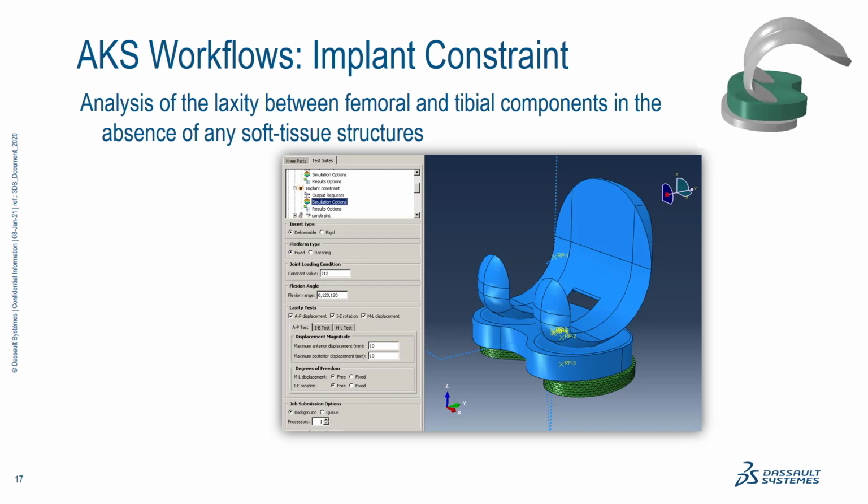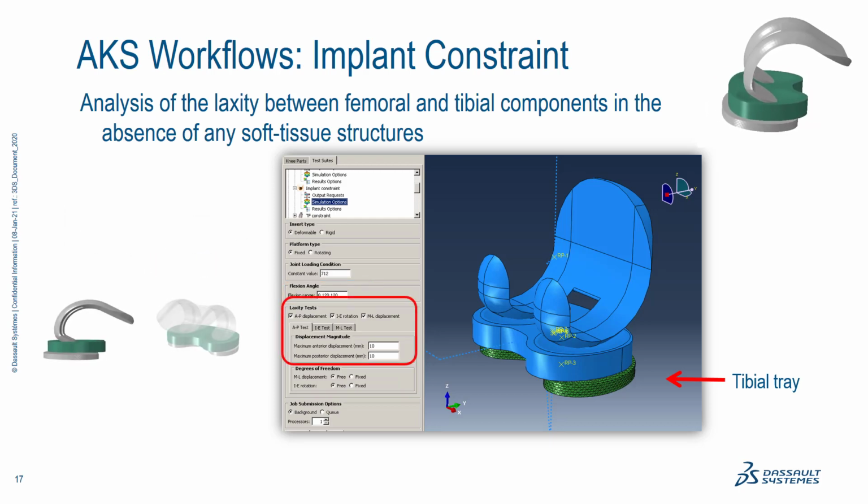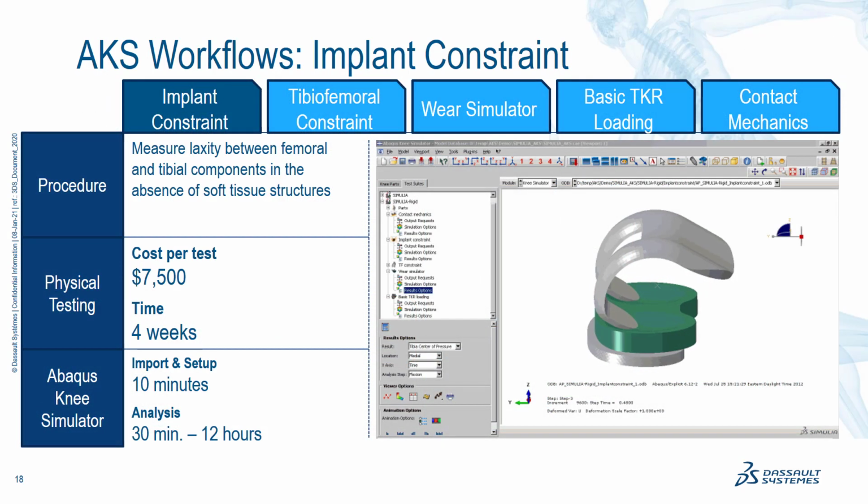We can talk about implant constraint. In this case, we are analyzing the laxity between the femoral and tibial components. Again, we can have a specific model for this analysis, with the flexion angles and the laxity test, so we can input the maximum anterior displacement and posterior displacement.